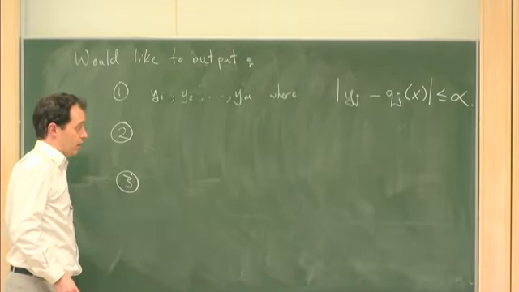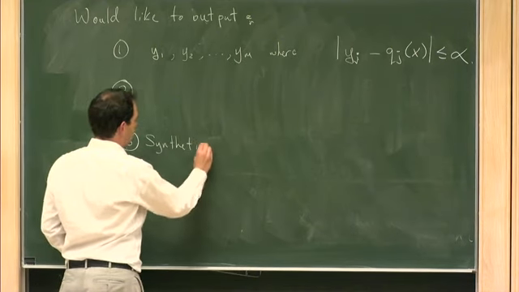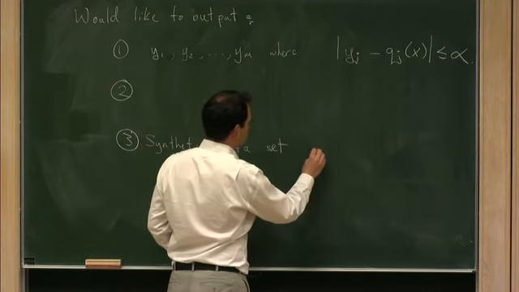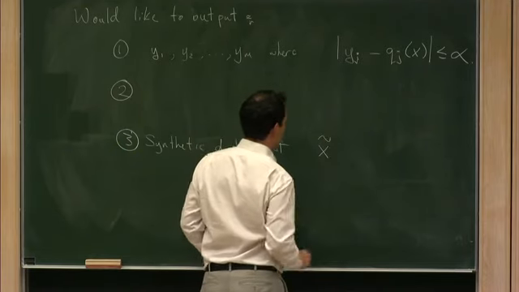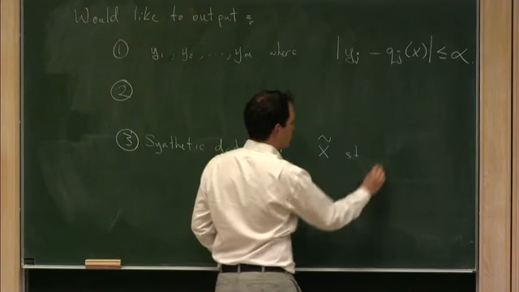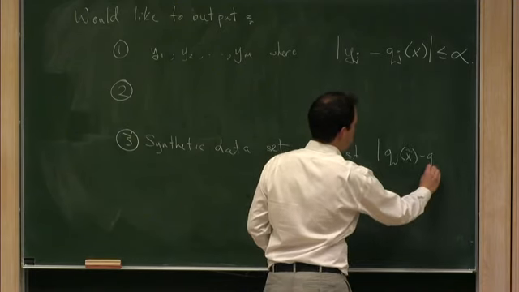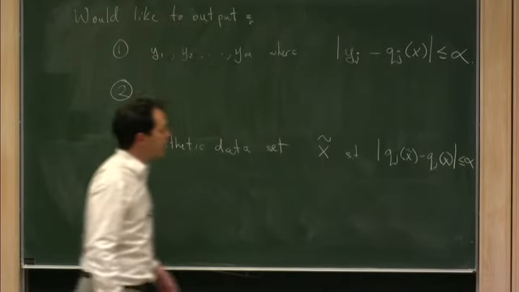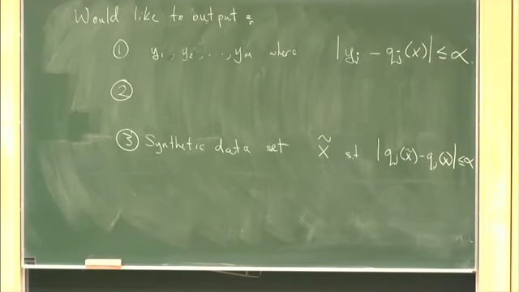A natural thing I might want instead would be a synthetic data set, which I'll call x tilde, such that each of the answers, the synthetic data set is representative of the true data set for this set of questions.